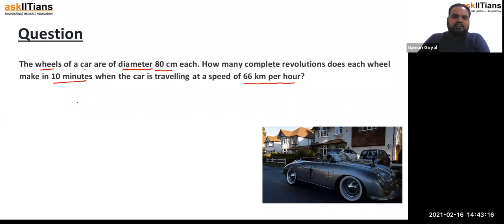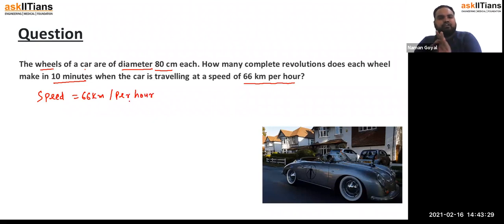So if the speed of the car is 66 kilometer per hour, it means the car covers 66 kilometer in 1 hour, or we can say 66 kilometer in 60 minutes.